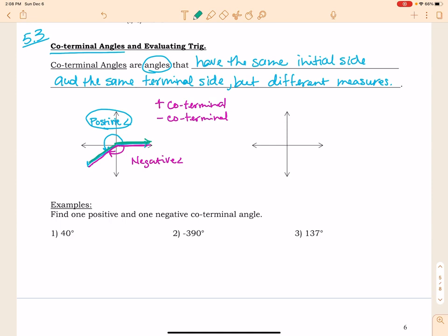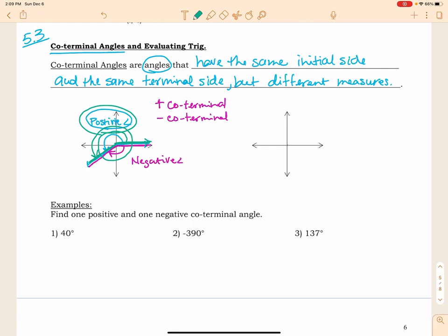So if I start with a positive angle and I want a positive coterminal, meaning that it starts and ends in the same place, but it has a different measure, that means that I have to rotate it one more time around. So as many times as you can rotate, which is infinite, that's how many positive coterminal angles you can have for this initial angle. All right, so let's look at another example of this.